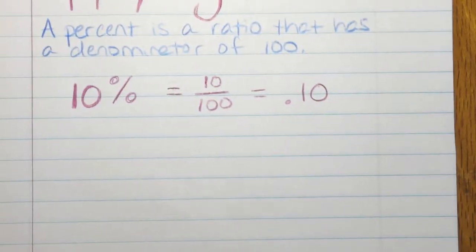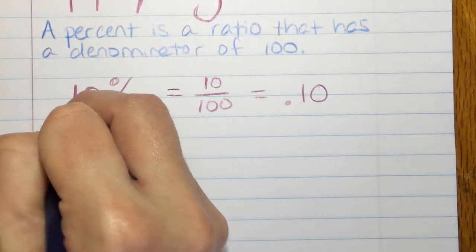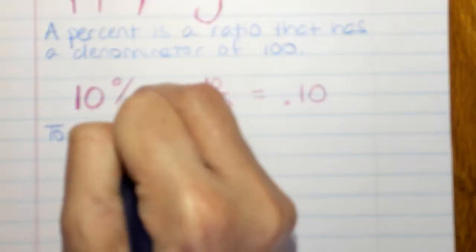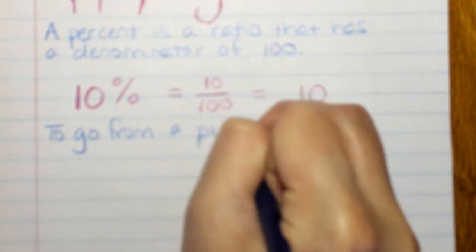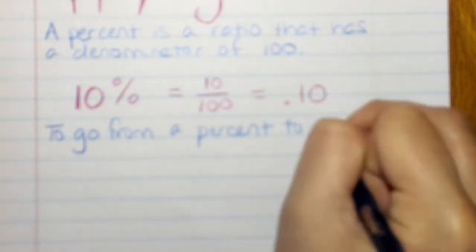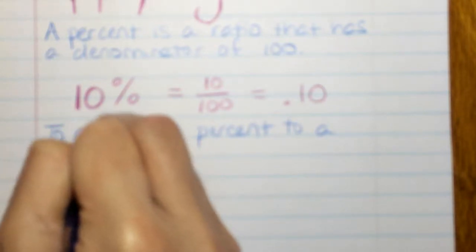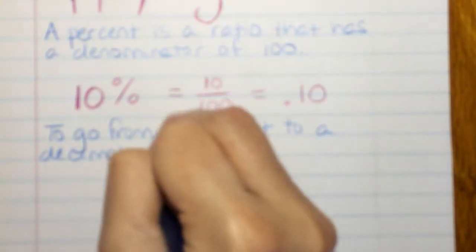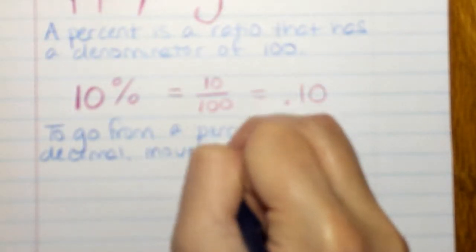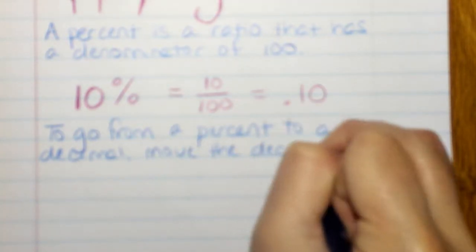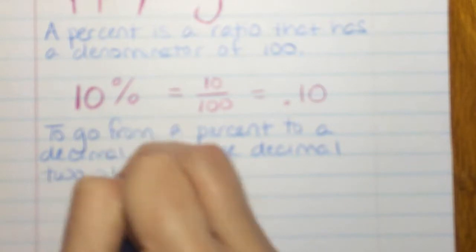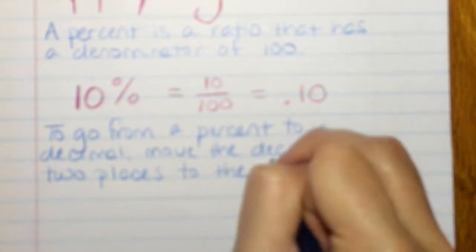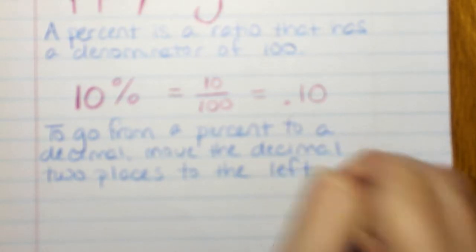So you also want to remember that to go from a percent to a decimal, move the decimal 2 places to the left.